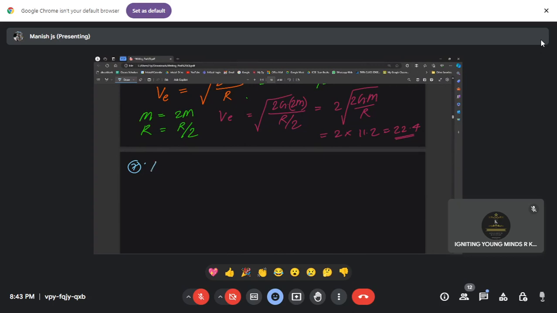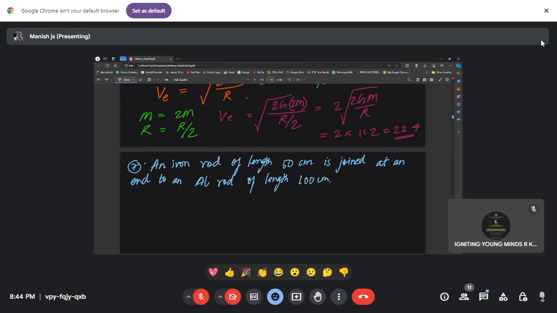An iron rod of length 50 centimeters is joined at an end to an aluminium rod of length 100 centimeters.